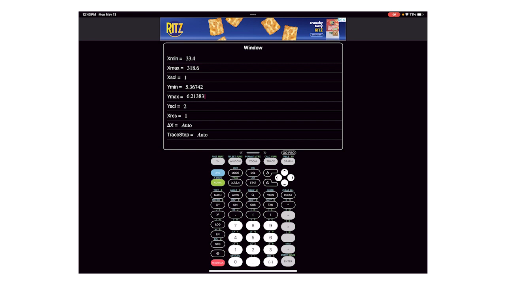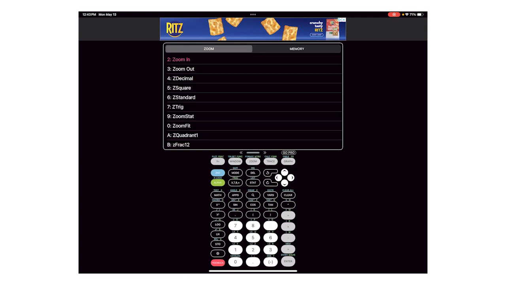Let's make my X min 400 and my X max 1,000. My Y min we really don't need, but let's see what happens now when we hit zoom 9. Okay, now you can see.